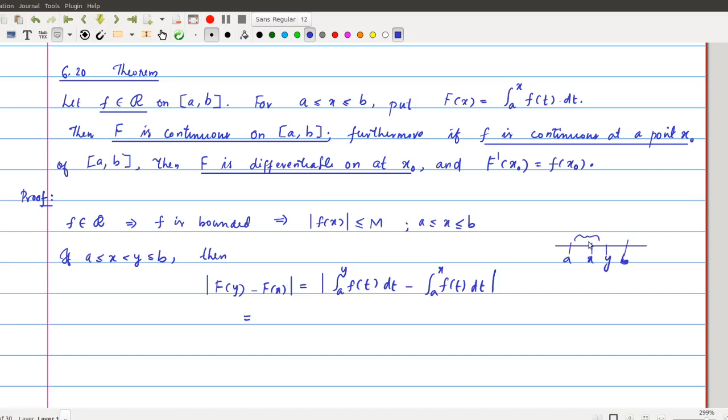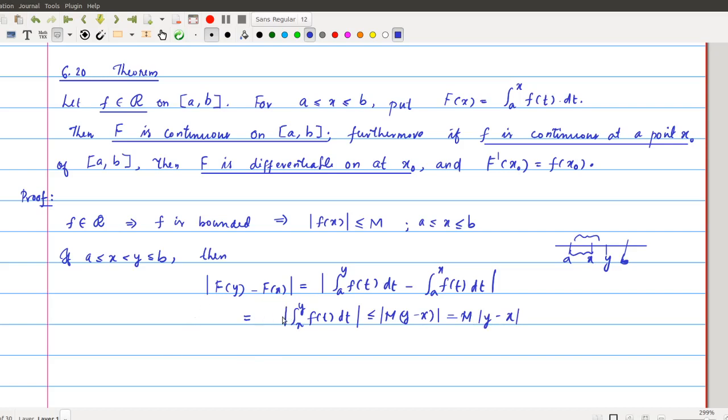Then integral a to y minus integral a to x will be the integral x to y of f of t dt. But we know that this is always less than or equal to M times y minus x, or you can write it as M times mod y minus x or mod x minus y, both are the same.